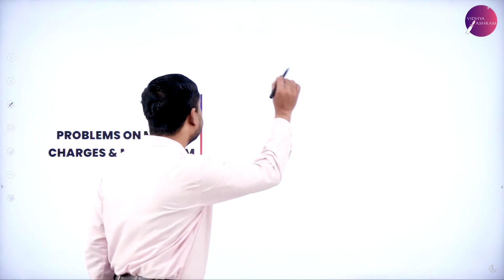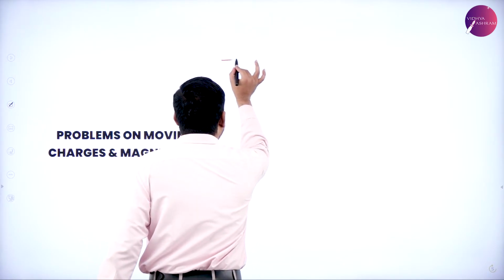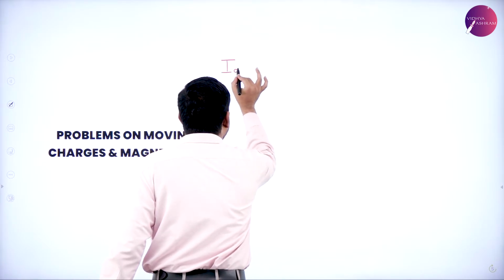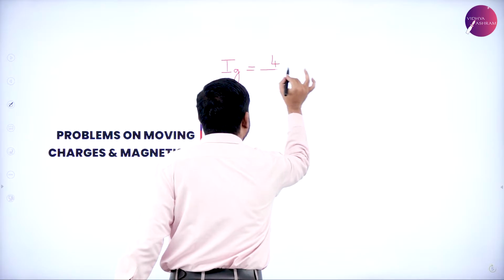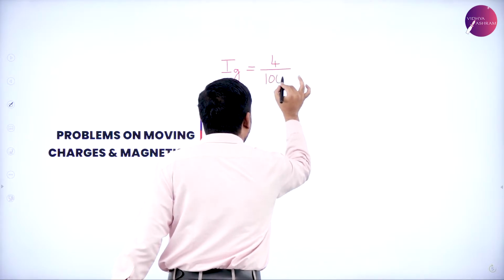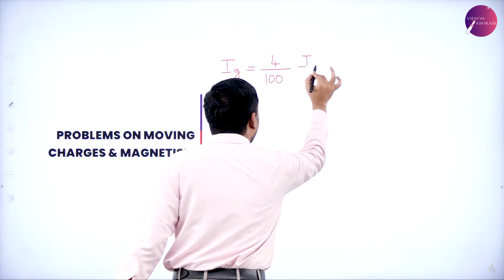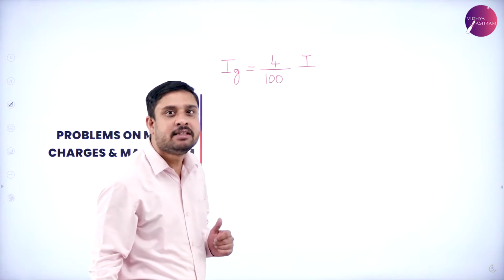So, here the current flowing through the galvanometer is 4% of the main current.